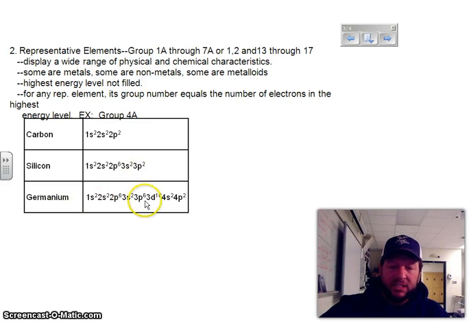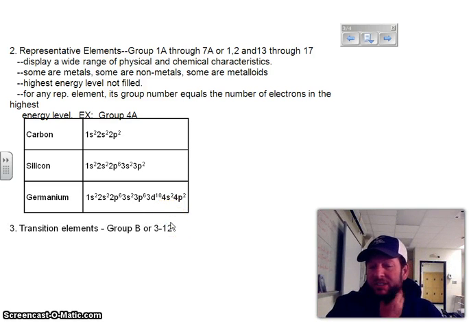And germanium, look at all these electrons: 1s2, 2s2, 2p6, 3s2, 3p6, 3d10, but look at the outer shell, 4s2, 4p2. The next element down would have all of this plus level 5, but the last two would be, you guessed it, 5s2, 5p2.